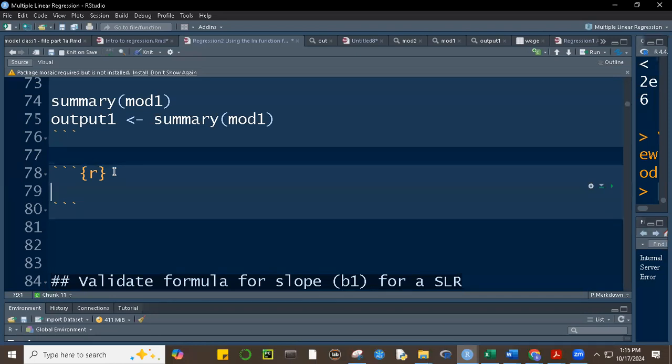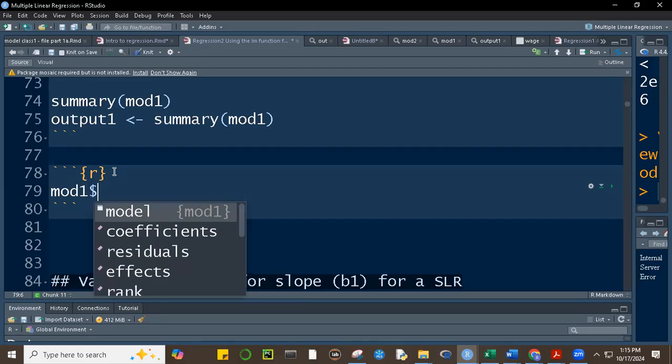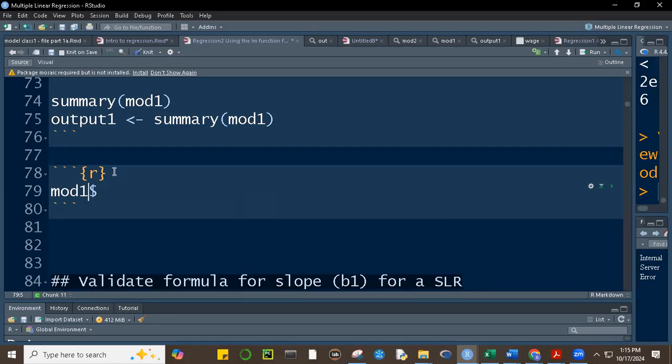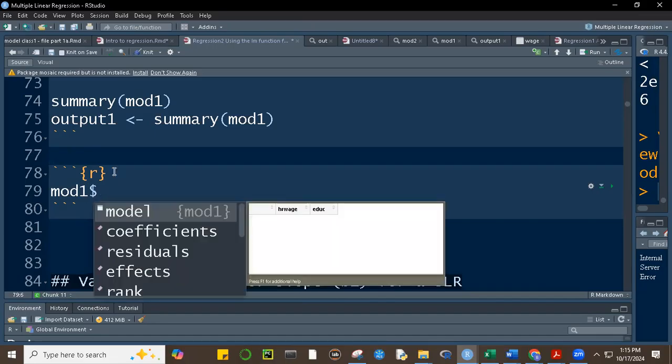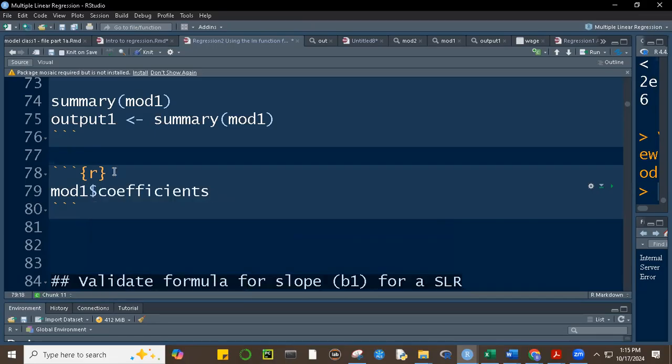It's your negative 0.9 something, right? We can get that from mod 1 dollar coefficients, and I just want to get the intercept first, so bracket 1.